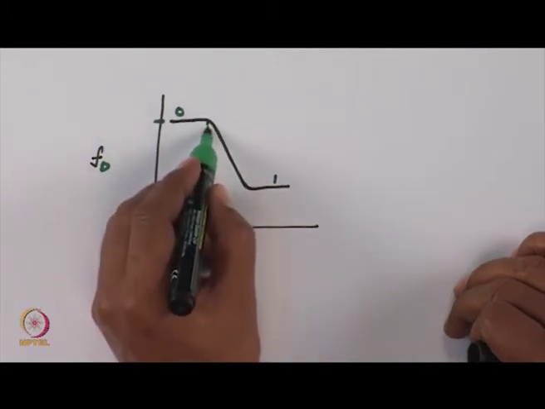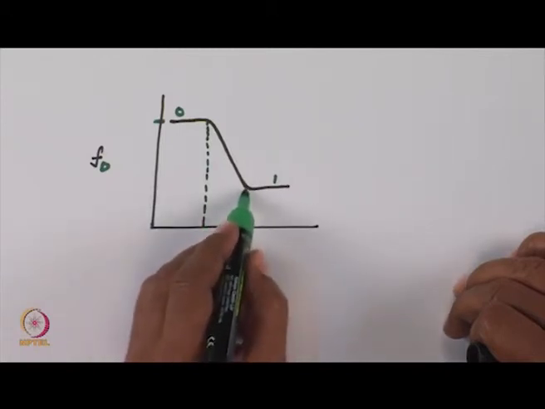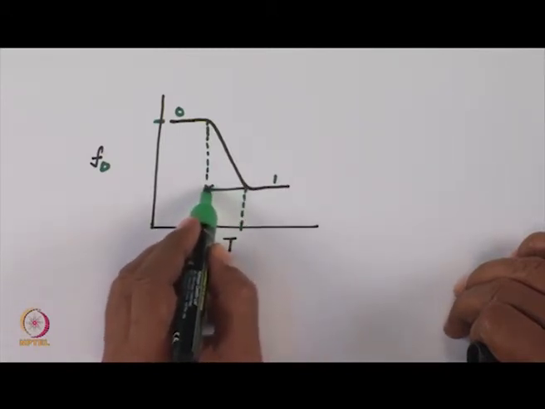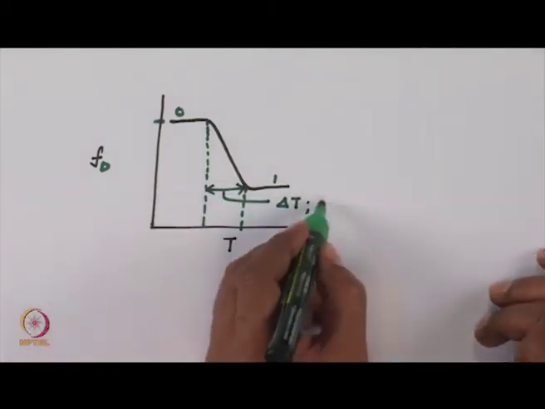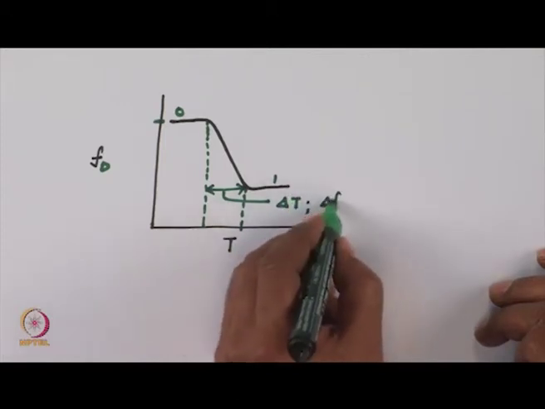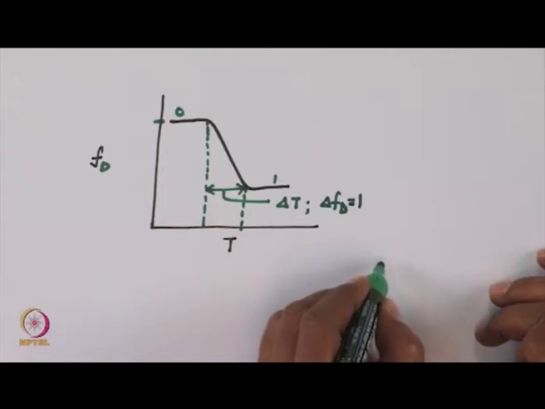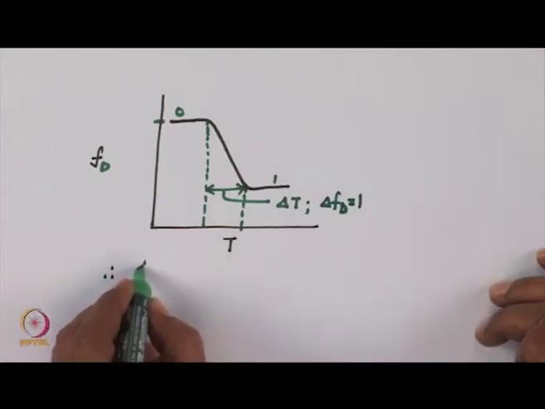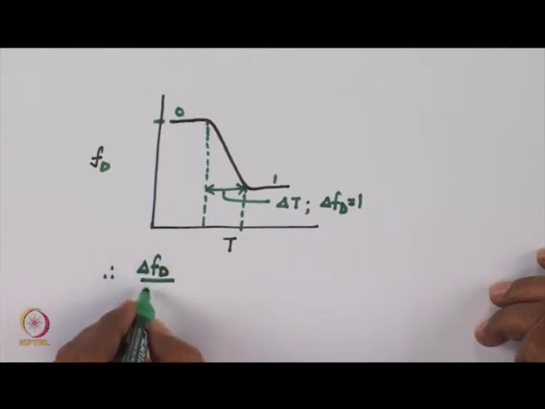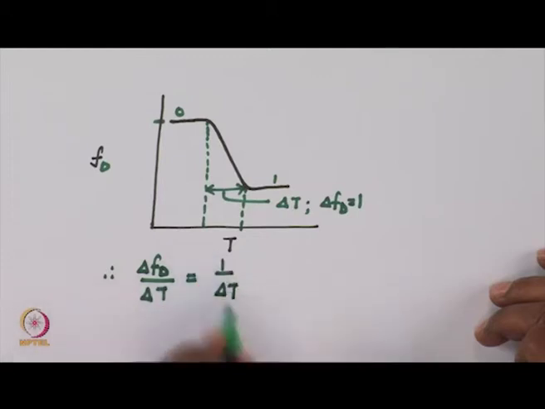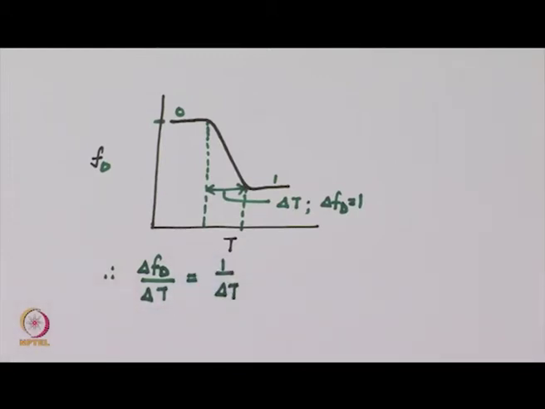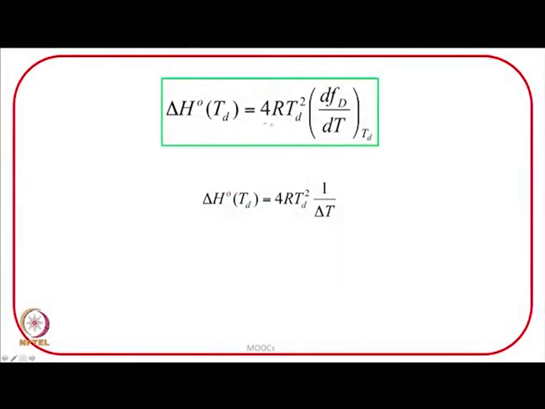So if I choose only this region and take it as delta T, the corresponding delta Fd is equal to 1. Therefore, delta Fd over delta T will be equal to 1 by delta T. And this is what is put in this equation: in 4R Td square, instead of dFd by dT, I have put 1 over delta T.